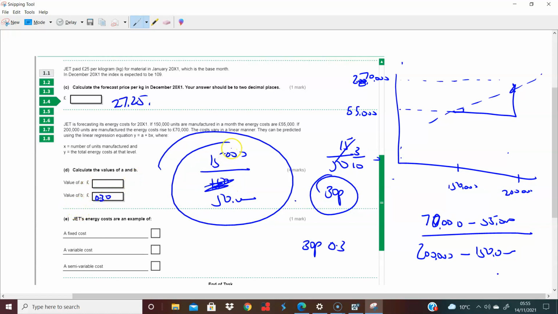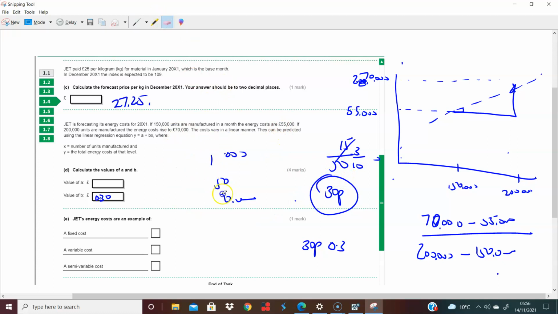Now all I need to do is plug that in. I know the total cost for making 150,000 units is 55,000. So 55,000 is equal to the fixed cost plus 30p times the 150,000 units. 0.3 times 150,000 is 45,000.